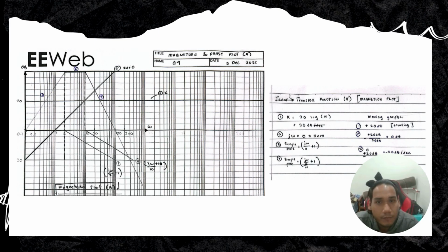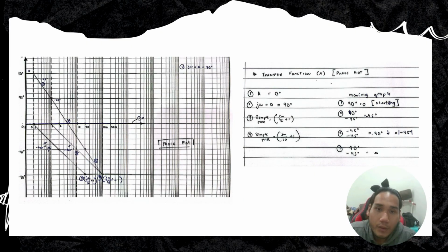I will explain the phase plot. Continuing with our phase plot for transfer function A, question A. As you can see here, we don't have any k constant value. If we don't have a k constant value, we have to draw a straight flat line at 0 degrees.